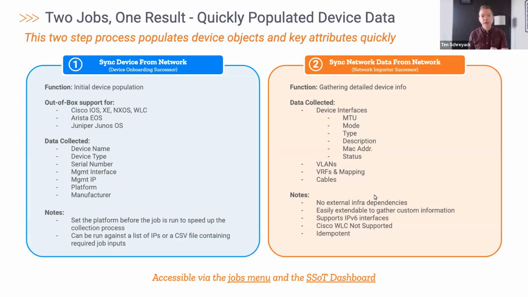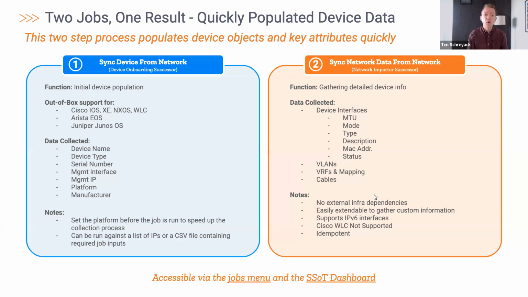Now, one thing to note here. This particular aspect of the tool, and similar across the platform in general, is you might say, there's this one thing I would really love to collect that you don't have already here. No problem. It's very easy to extend the collection mechanism in order to get additional information that isn't supported, let's say, straight out of the box. So very easy to do. And also key, it's idempotent.